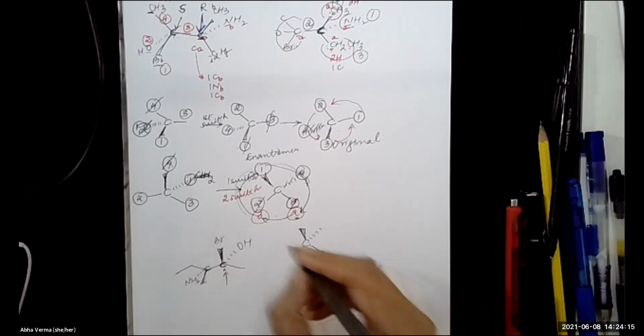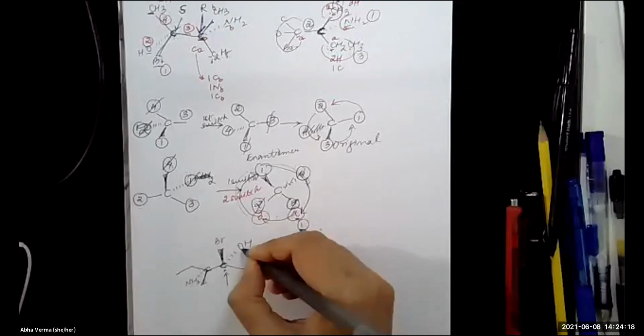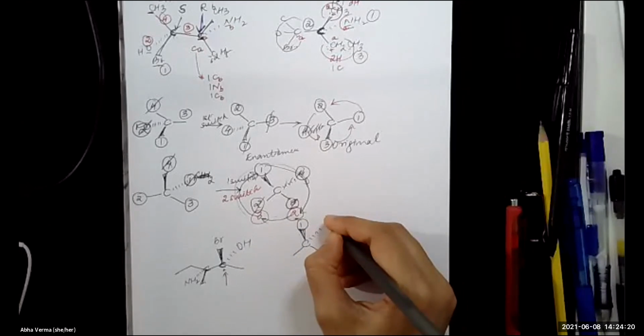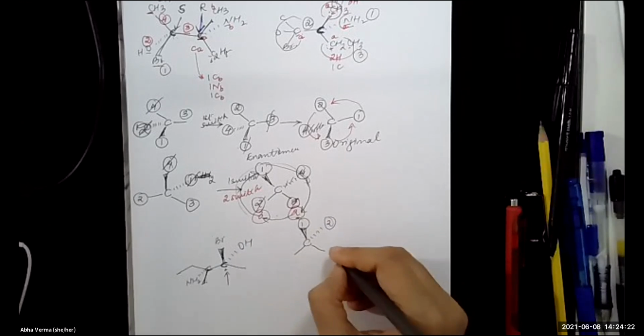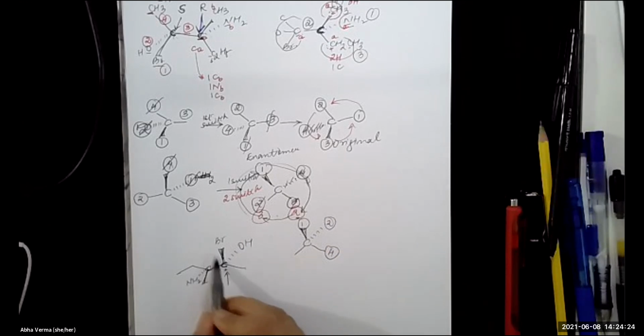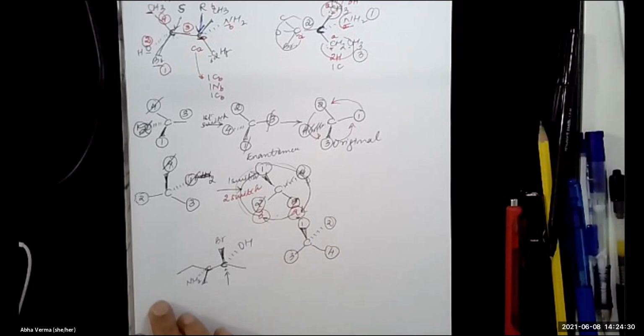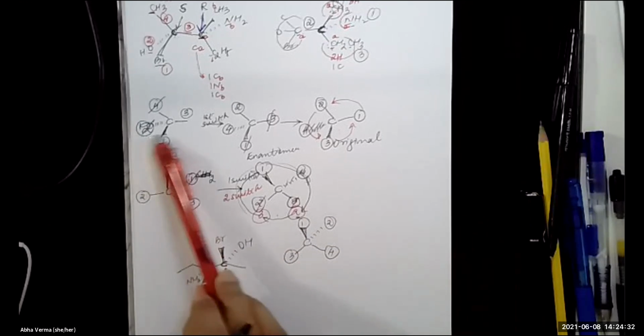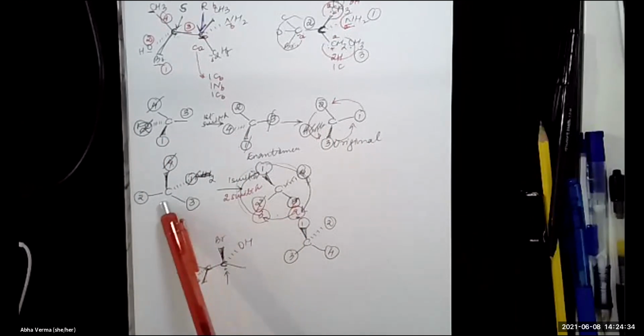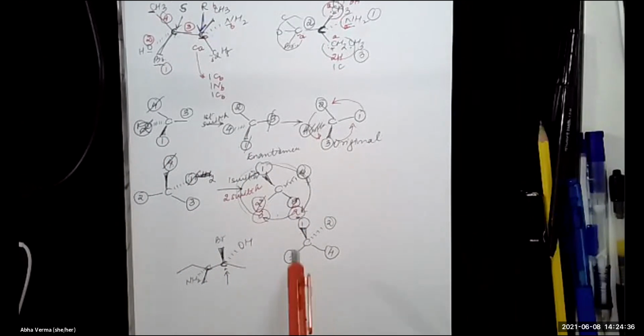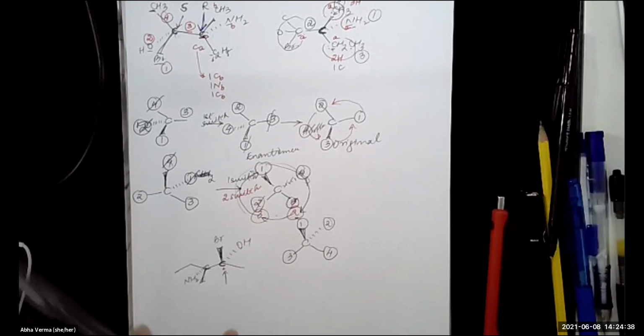Br will be my number 1. O is my number 2. Methyl will be my number 4. And this bulky group is my number 3. Now look, instead of drawing these structures, I'm going to do it on the same carbon. Don't be scared.